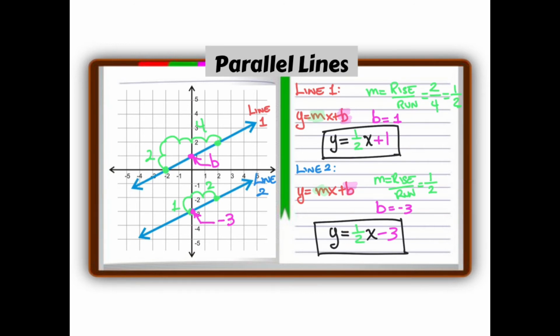That's why we say that for parallel lines, M1, the slope of the first line, equals M2, the slope of the second one. Meaning every time I have two equations and their slopes are equal, you can tell that those two lines are going to be parallel.